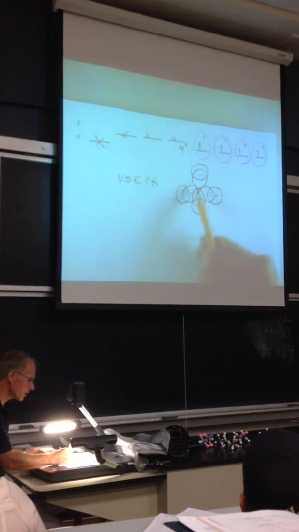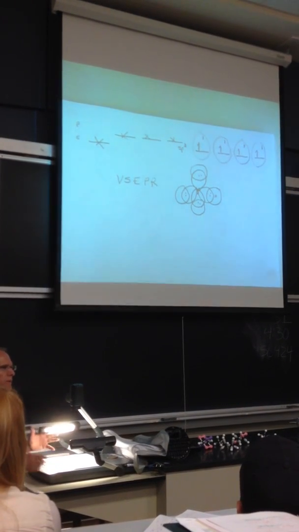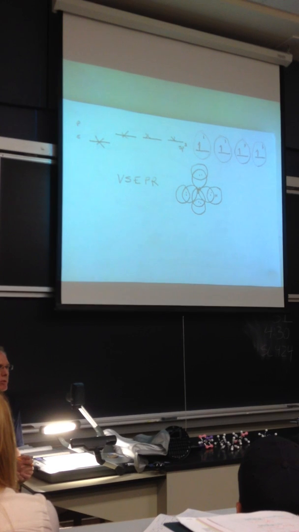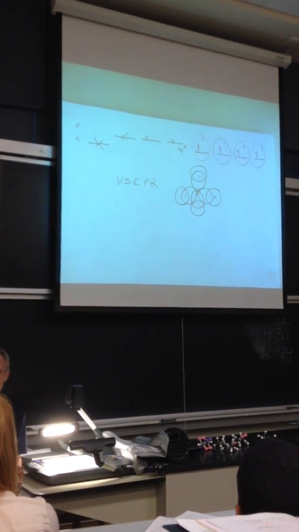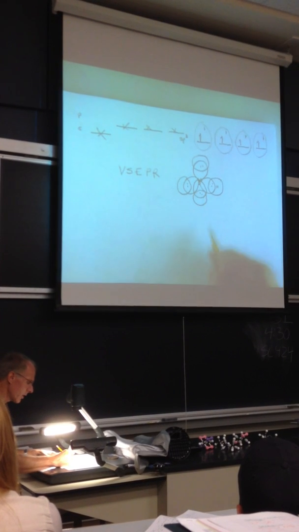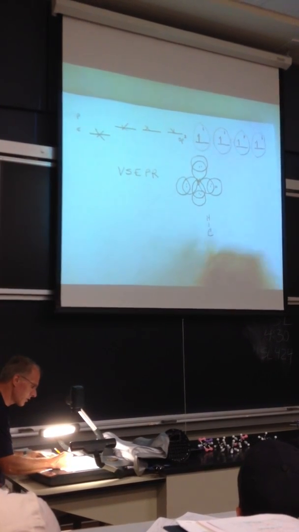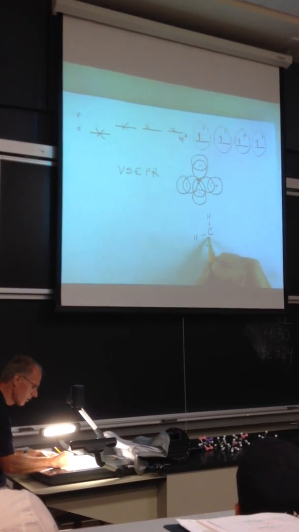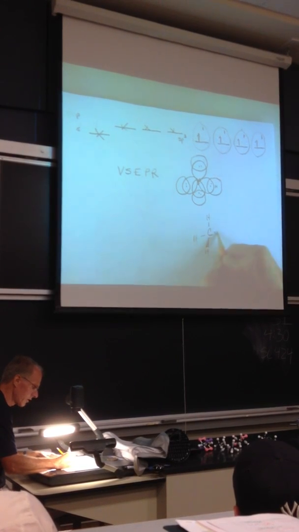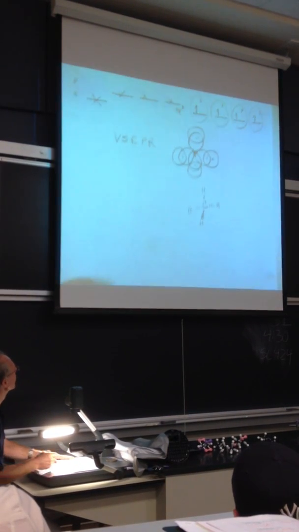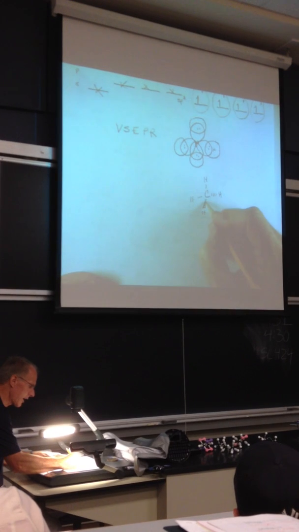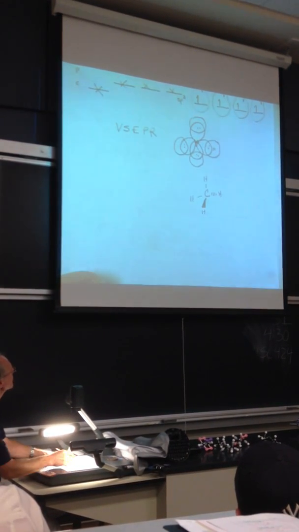And so if you have 4 giant balloons tied together, what is the natural geometry that 4 balloons are going to take so that they can get as far apart from each other as possible? A tetrahedral geometry. So we know that CH4 is actually C with H, H, H, H, where this is what we call a perspective diagram. The bar coming out from the hydrogen is projected out of the paper at you.